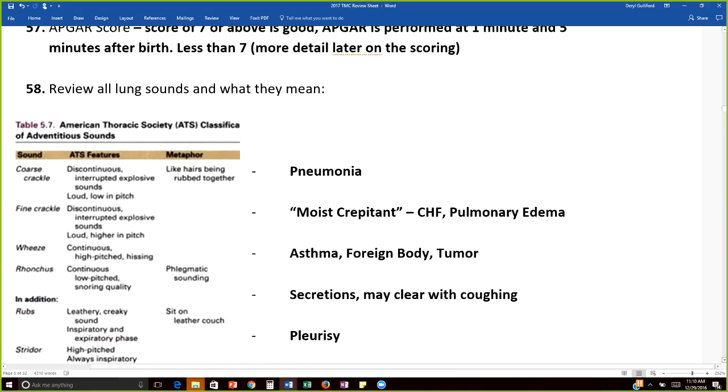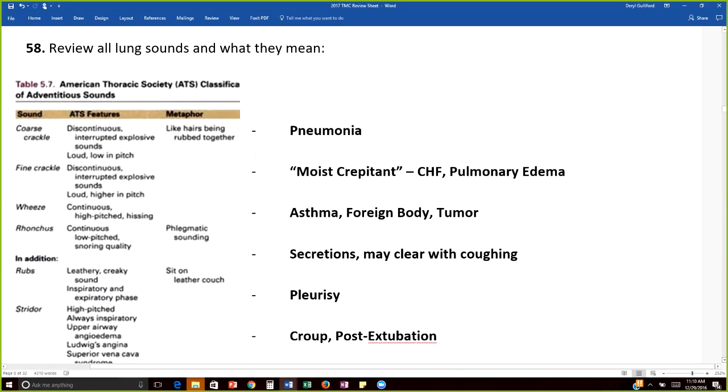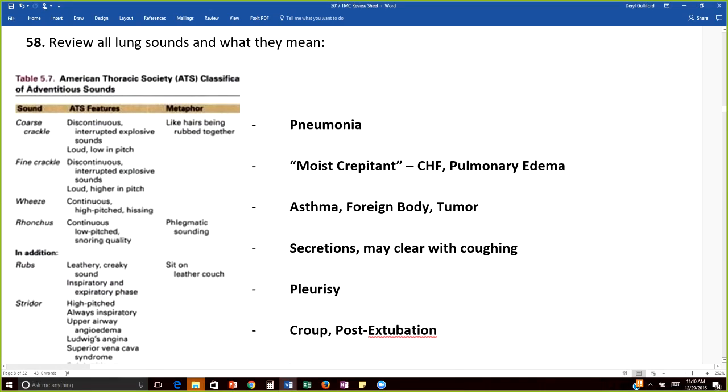Review all the lung sounds and what they mean. I provided the actual American Thoracic Society classification here. Crackles, wheezes, rhonchi, stridor. It's all right here for you to review. Crackles, coarse crackles, probably pneumonia. Moist crepitant, fine crackles, CHF or pulmonary edema. Wheezing, asthma, foreign body, tumor.